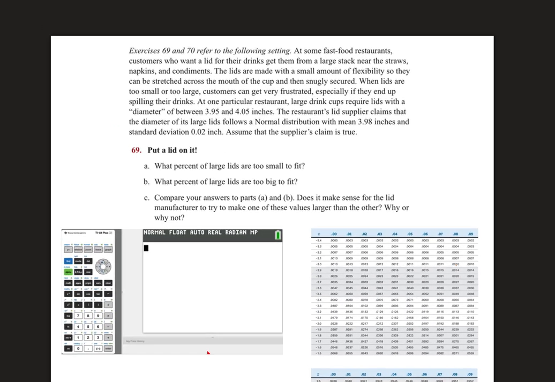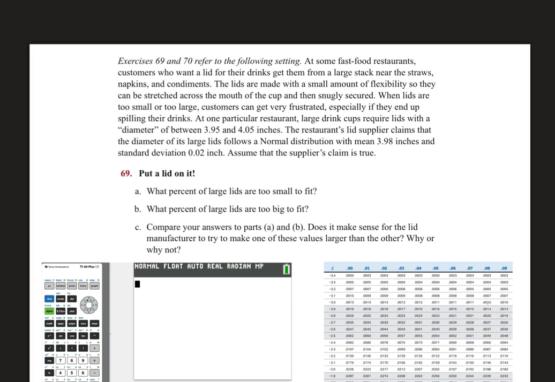Okay, for next one, number 69, they say at some fast food restaurants, customers who want a lid for their drinks get them from a large stack near the straws, napkins, and condiments. The lids are made with a small amount of flexibility, so they can be stretched across the mouth of the cup and then snugly secured. When lids are too small or too large, customers can get very frustrated, especially if they end up spilling their drinks.